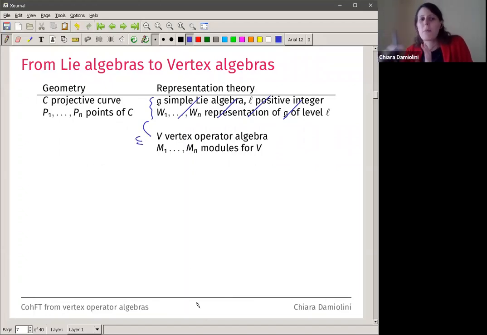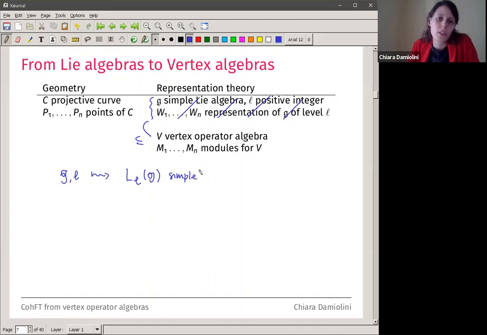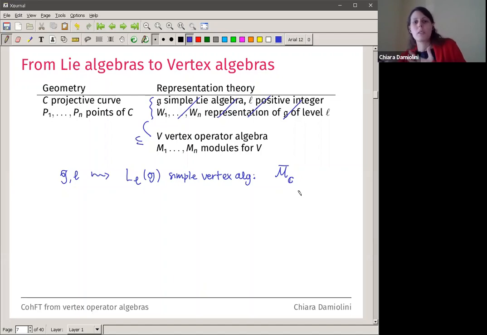And I will say in a second what I mean by vertex operator algebra and by modules, but what I want to say now is that every time we have G and a level, there is a natural simple vertex algebra associated to it, which, if you want, is exactly what before I would call M bar C. So it would be the representation of the affine Lie algebra associated with G, associated with the trivial representation of G.